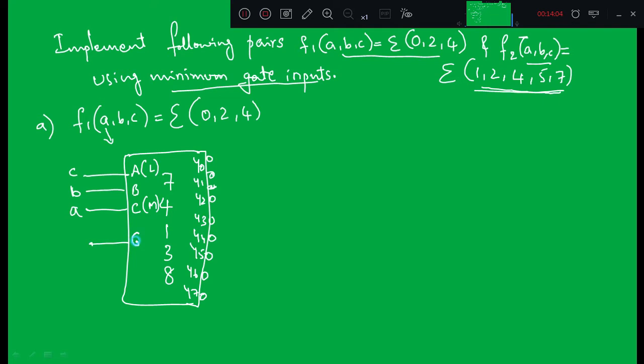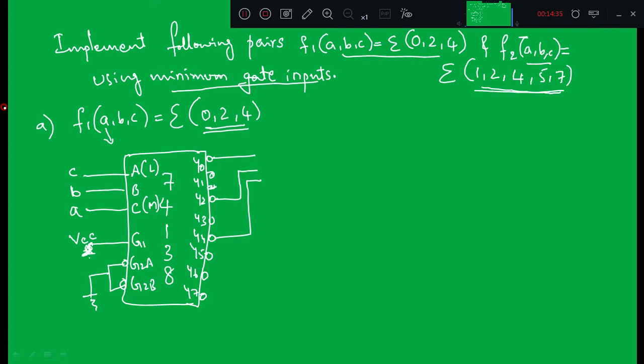Again, there are 3 enable pins, of which one is active high, which needs to be connected to VCC, and there are 2 active low enable pins, G2A and G2B. Both are shorted and connected to ground. So if I implement this function using Y0, Y2 and Y4, which gate needs to be used when it is summation?